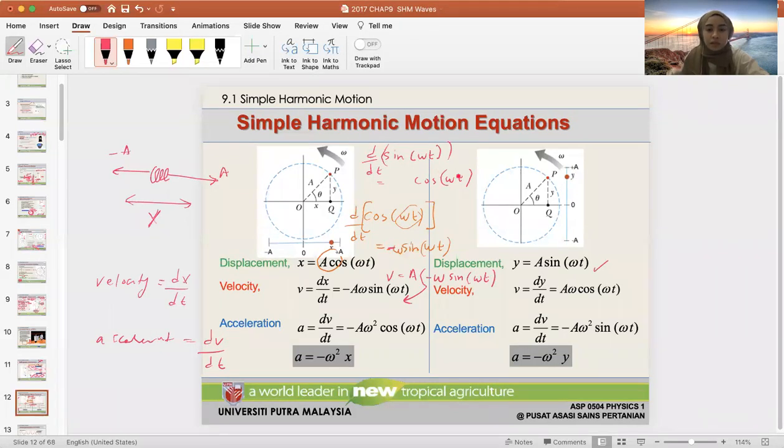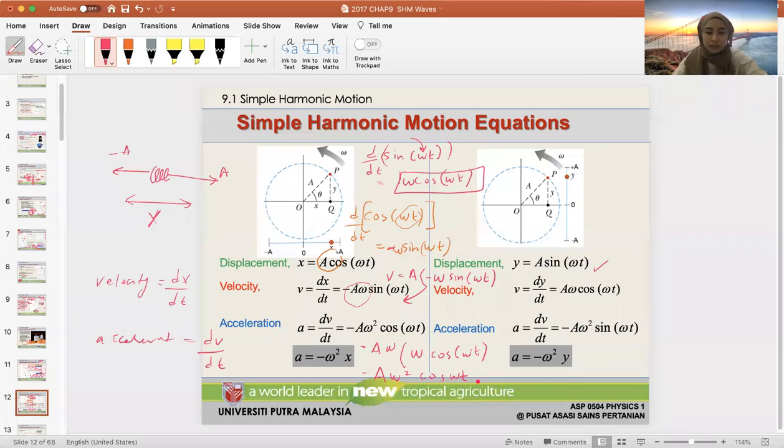I have to differentiate the inside of this angle because ada t kat situ. So this becomes omega. I still have the minus A over here from v. So the minus A stays, it is a constant. So minus A omega, and then multiply with this guy that I just differentiated, omega cosine omega t. So it becomes minus A omega squared cosine omega t.